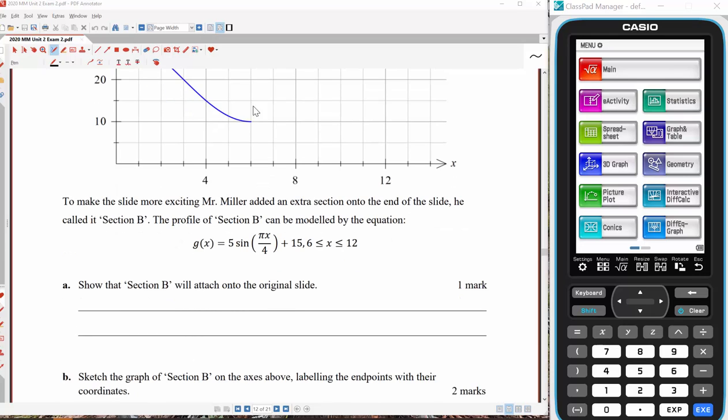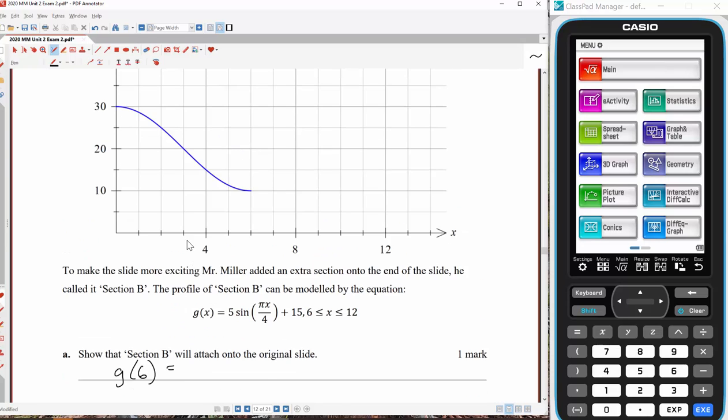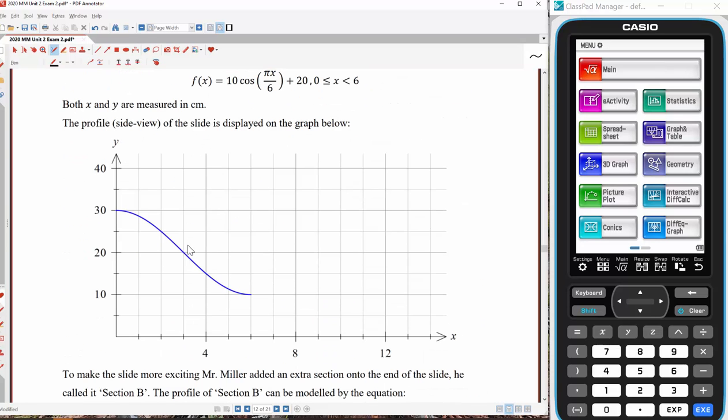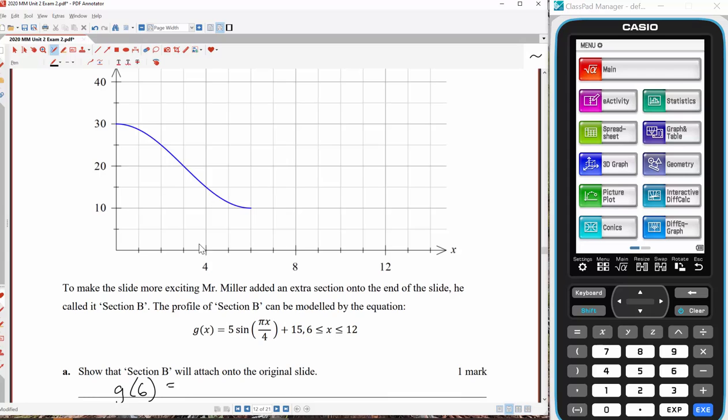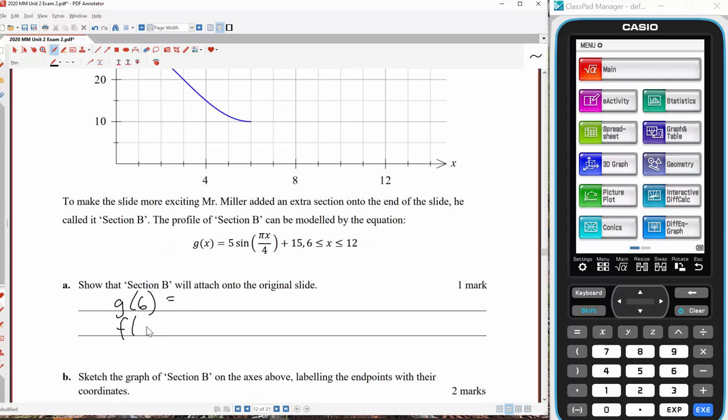Probably the best way to do that is to do g of 6 and find out what it equals, and do f of 6 and find out what it equals. We know that both of them are going to equal 10 and 10. So g of 6 equals f of 6, therefore the slide is continuous.